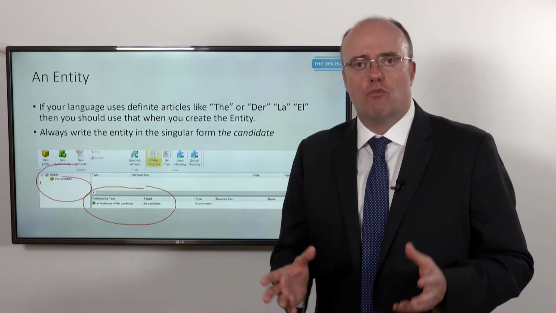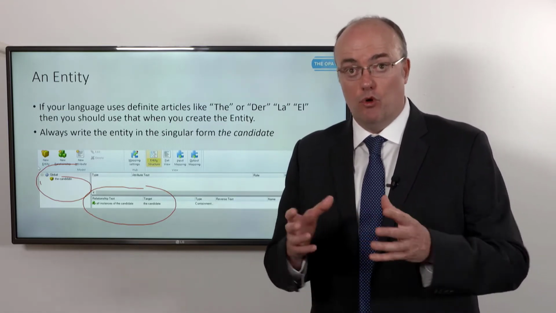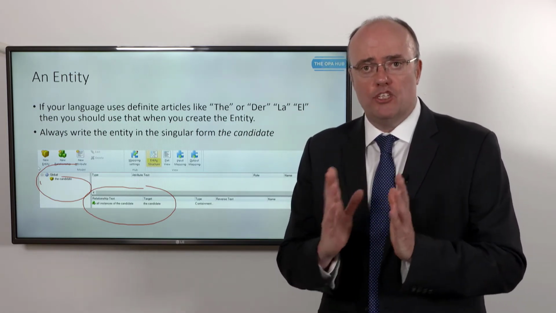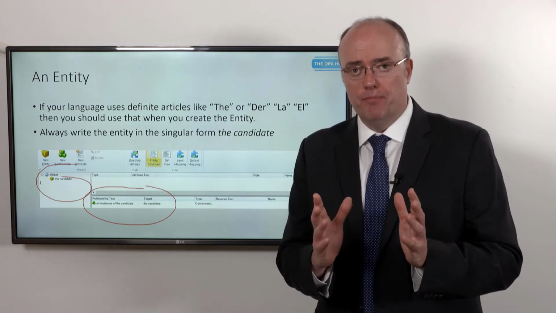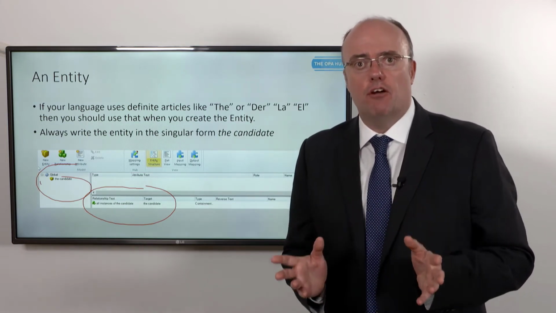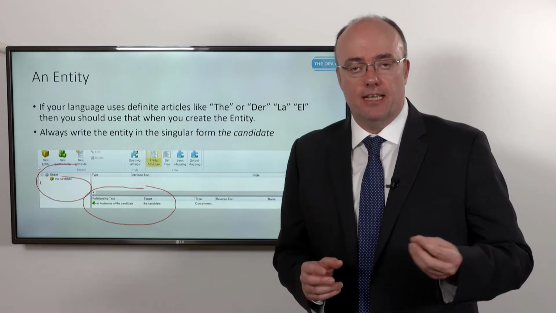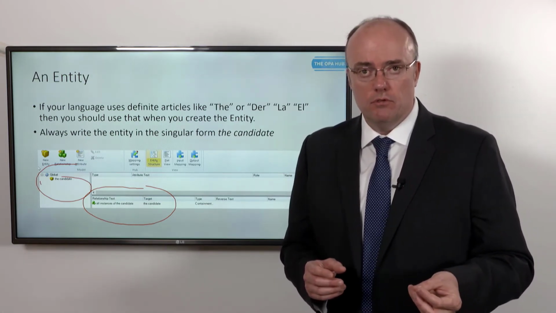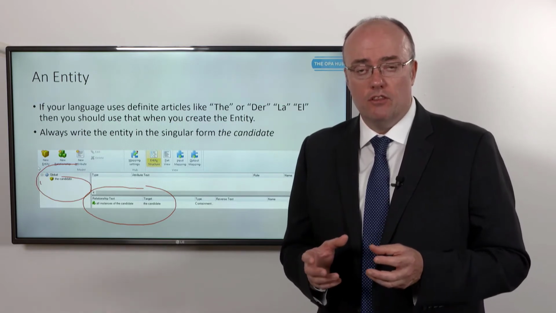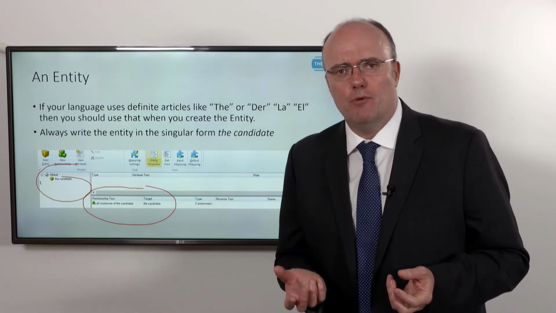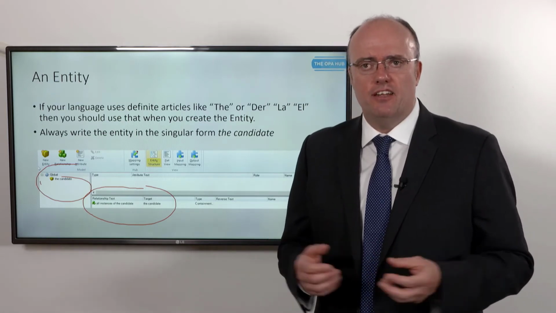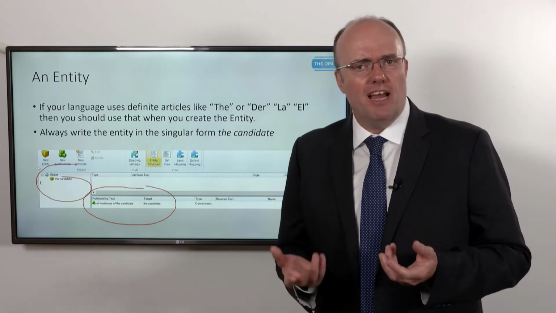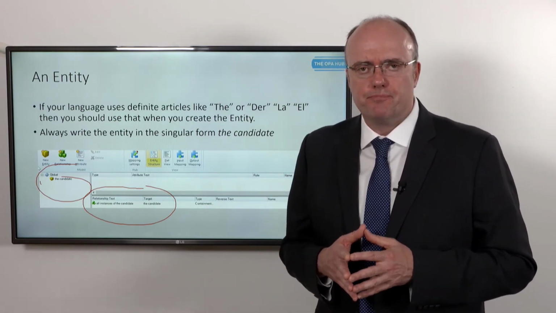If you need to describe this notion of a thing, we'll call it the candidate, when you create it, make sure, if your language supports that idea, because not all languages do, make sure you include the definite article. So the candidate, le candidat. Because if you don't, you might end up writing rules that really don't sound like natural language at all. If I was to say the candidate is approved, that makes sense, but candidate is approved, that's really not how you'd describe it in natural language.